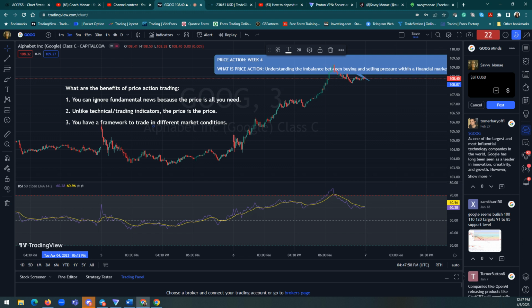So with that being said, just know that this is how price action works. Price action works based on what? Imbalance between buying and selling pressure within a financial market.